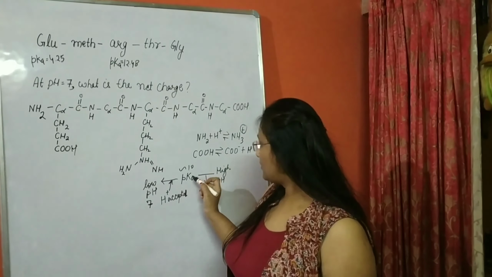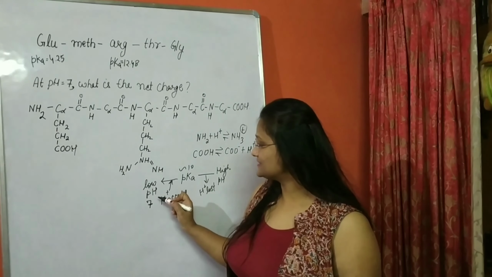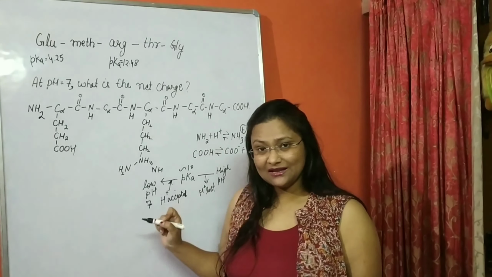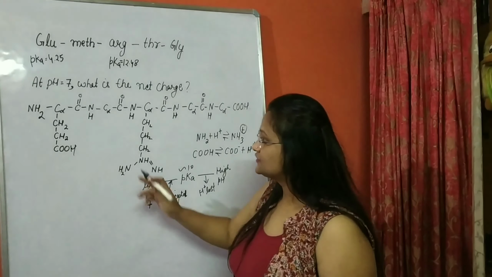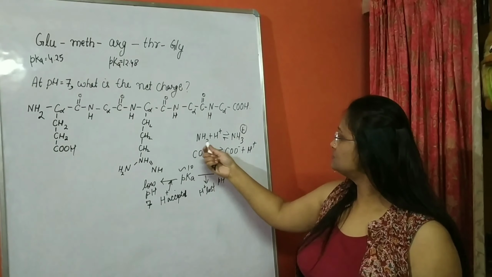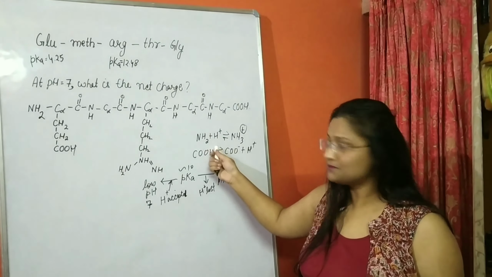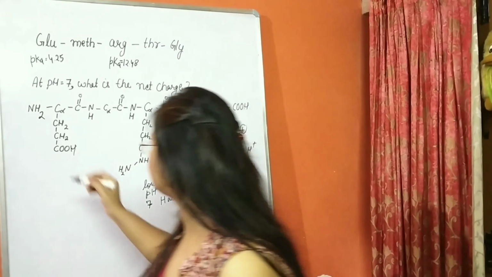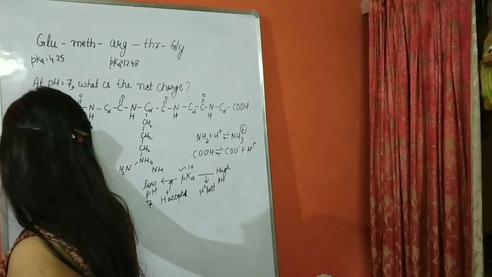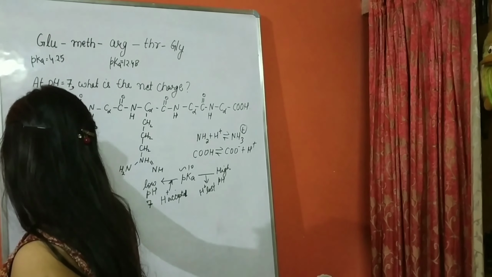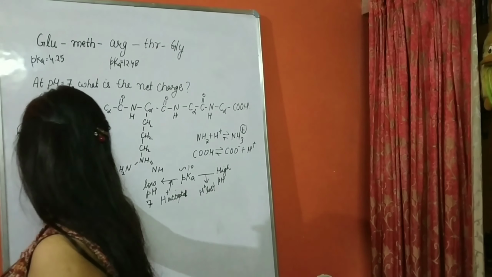So now, since this pH is lower, H plus will remain accepted. So we know that NH2, when it accepts H plus, becomes NH3 plus. So it will become NH3 plus. So the charge is +1.